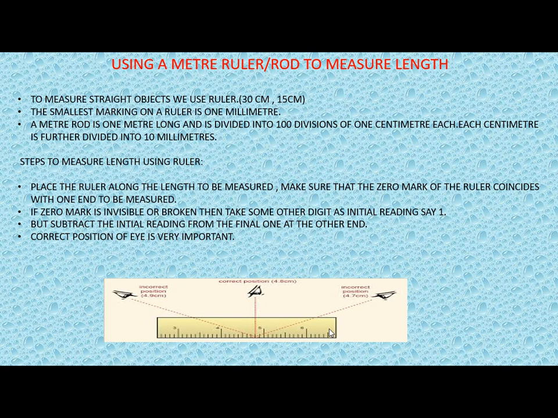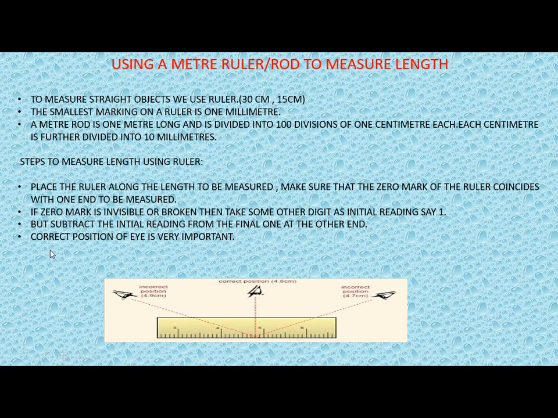Hope you understand this. So if you get 15 centimeter, but you started measuring from 1, then we have to subtract that 1 from 15. So our final reading will be 15 minus 1, that is 14 centimeter.